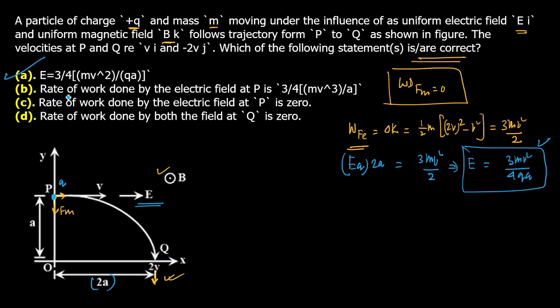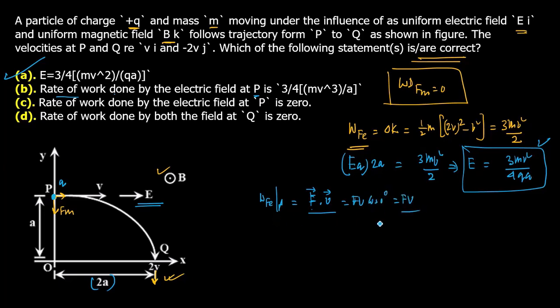Now, it is asked what the rate of work done by the electric field at point P is. The rate of work done is the power, so force dot velocity vector. At point P, the velocity vector and force vector are parallel to each other, so that is F v cos 0 degrees, which equals F into v.